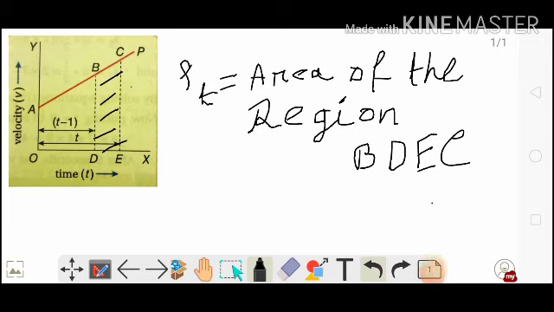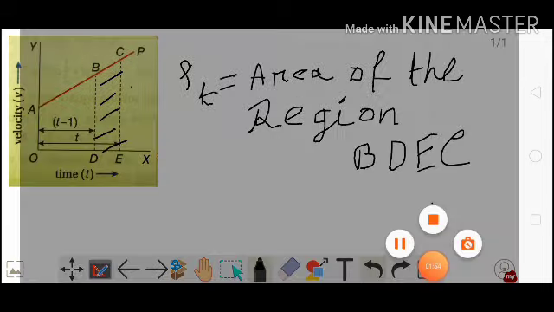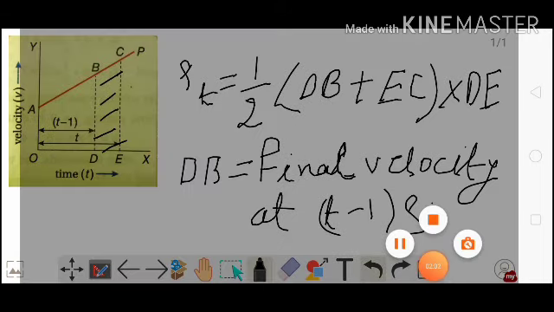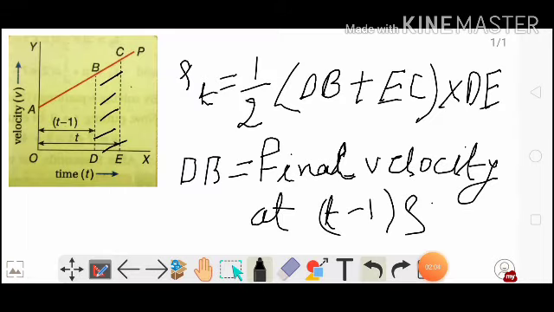So how are you going to find out the area then? Let's find out. Now this is the formula of finding out the area of a trapezium, that is half into the sum of the parallel sides, that is DB plus EC, and the perpendicular distance between the parallel sides, that is DE.